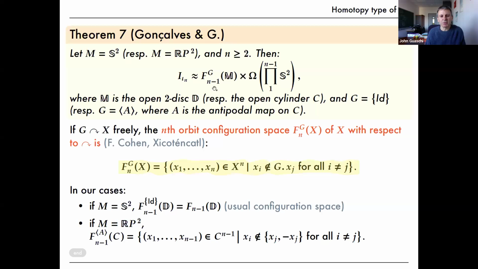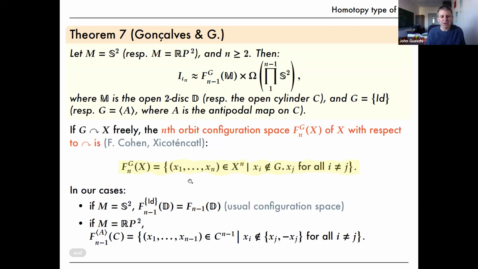To define what this space is, if G is any group that acts freely on the space X, then we have what's called the orbit configuration space, which is denoted in this fashion with respect to the action. This was defined by Fred Cohen and Miguel Xicoténcatl, as far as I know.